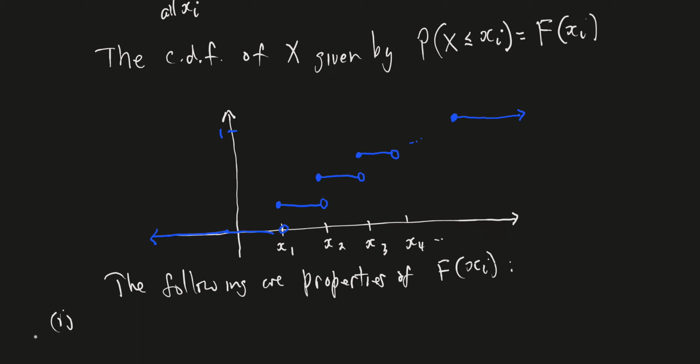Now, just like what we know about other probabilities, if you look at the graph of a CDF, even though you have all these jumps, and it could be infinitely many jumps, the graph is always between 0 and 1.